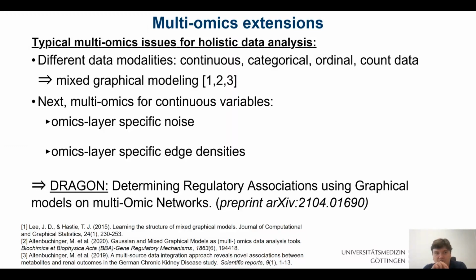So edges means associations. Sorry for not mentioning this. And what we suggested is a method we called DRAGON, which stands for Determining Regulatory Associations Using Graphical Models on Multi-Omic Networks, where you can also have a look into a preprint given here under this arXiv number.